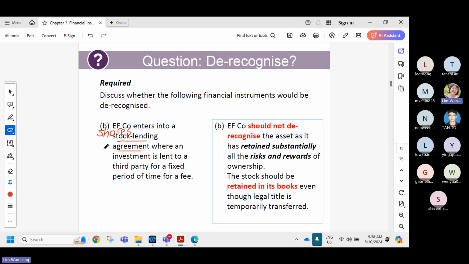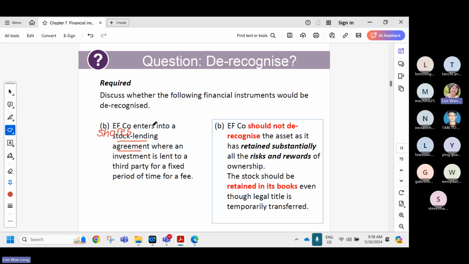You're going to charge them. It's like temporarily I let you use this as part of your assets, but later I will take back. And during the interim, when you are borrowing this from me, you have to pay me some amounts.